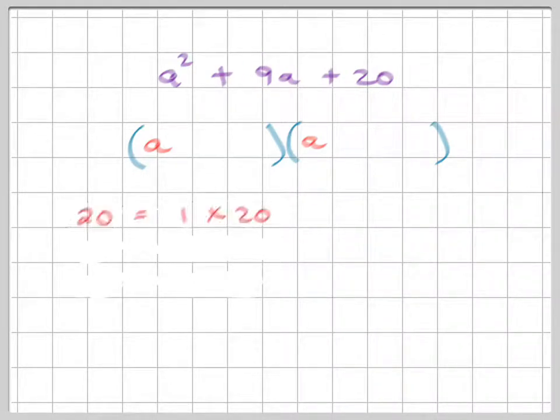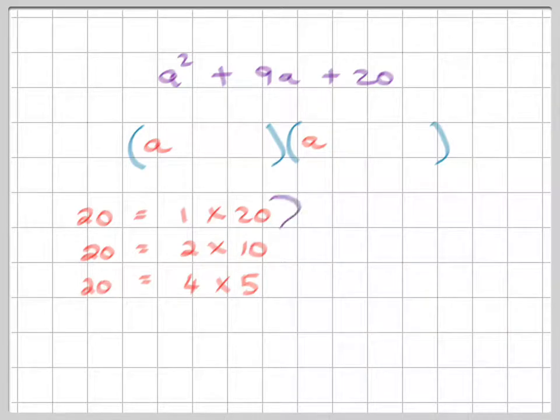We have 1 times 20, 2 times 10, and 4 times 5. So if we look at the factors of 20, the most obvious one that's going to add up to our middle term, which is 9, would be 4 and 5. 5 plus 4 is 9. So let's use those. So it's going to be plus 4 plus 5. Now we have successfully factorized that trinomial.